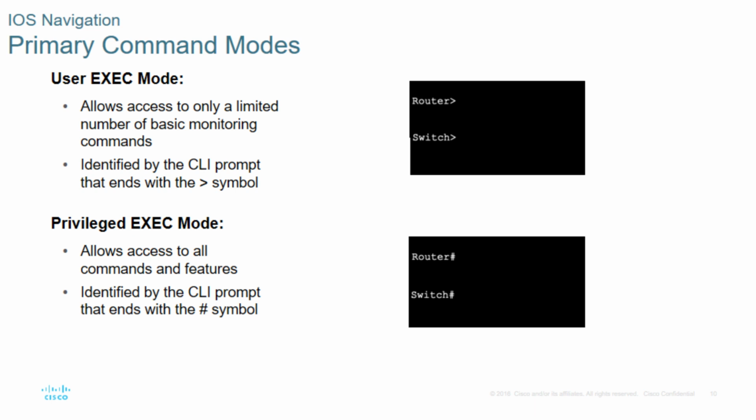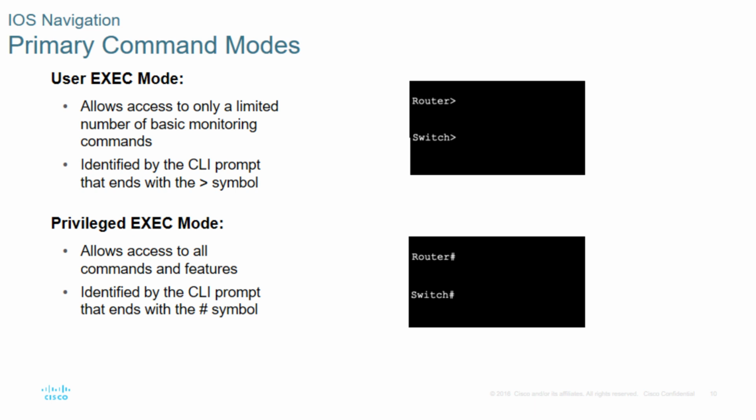It allows only a limited number of basic monitoring commands but does not allow the execution of any commands that might change the configuration of the devices. The user exec mode is identified by the CLI prompt that ends with the greater than symbol, right? So number two is privileged exec mode.